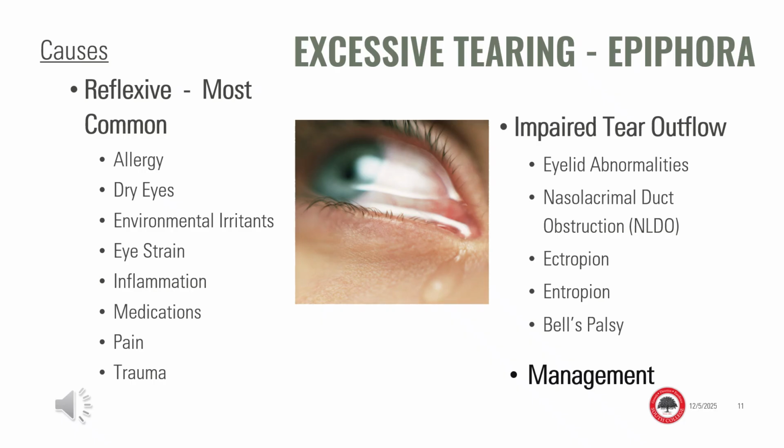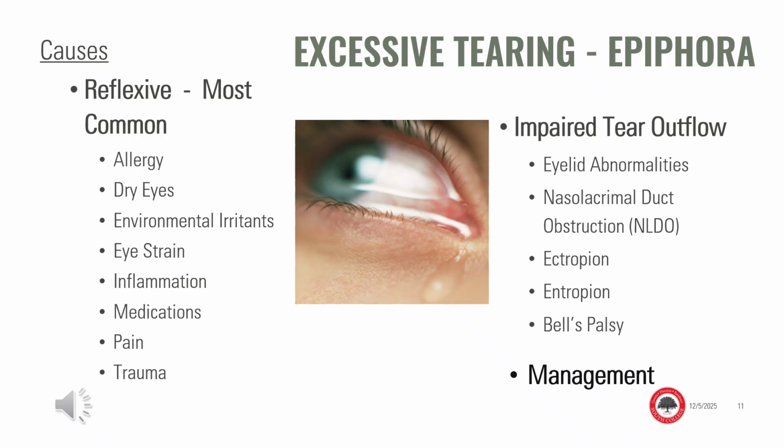Impaired tear outflow is another one of the causes, and those are categorized into eyelid abnormalities, nasolacrimal duct obstruction, abbreviated NLDO, and you'll talk about that a lot in pediatrics. Ectropion, entropion, and Bell's palsy.